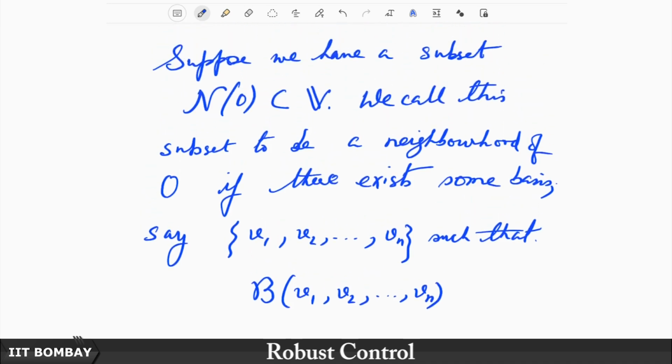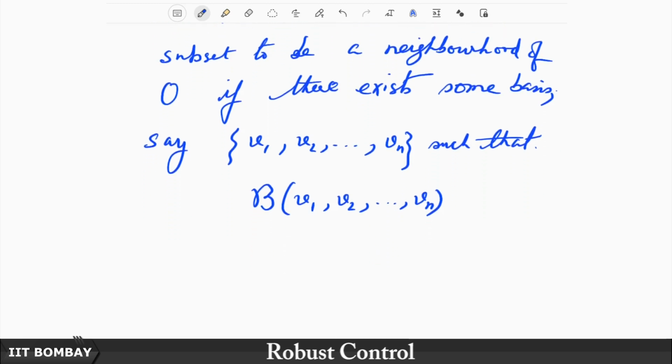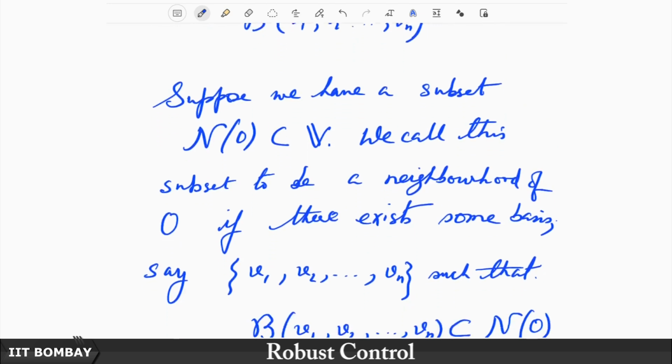So if I can find a basis such that in terms of that basis, when I cook up a unit ball, then that ball is completely contained in this set or the subset which I am checking for a neighborhood of 0.